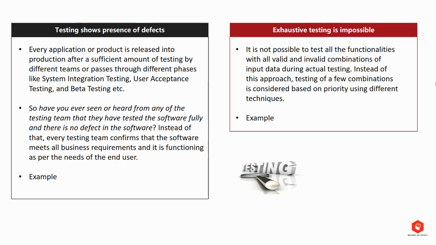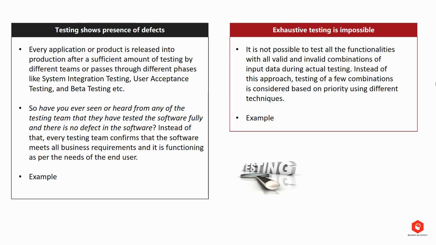So, it is not possible to test all the functionalities with all valid and invalid combinations of input data during the actual testing. Instead of this approach, testing of a few combinations is considered based on priority using different techniques.